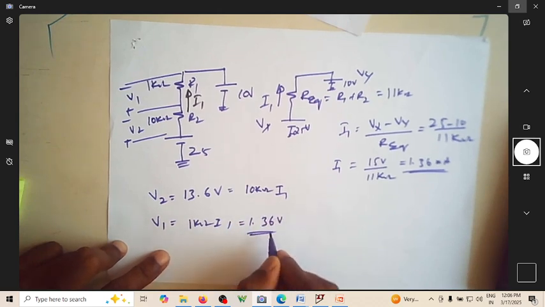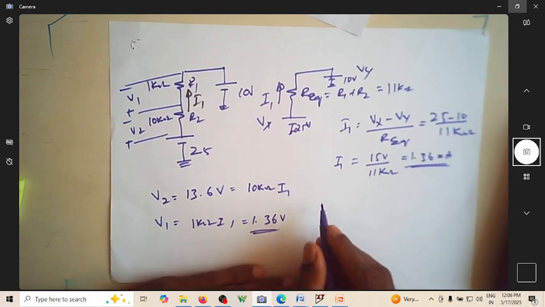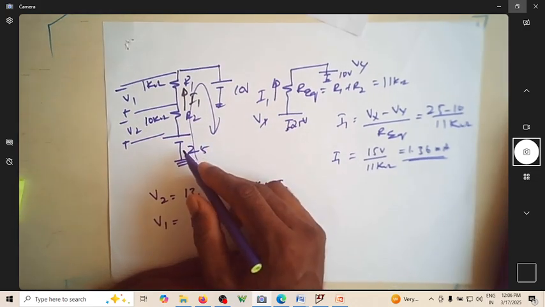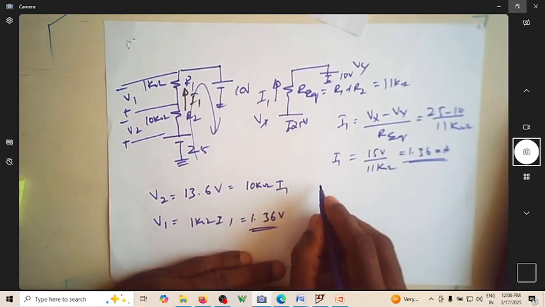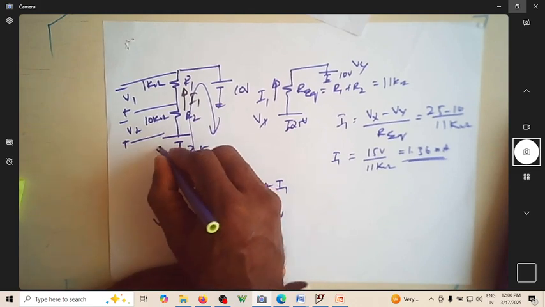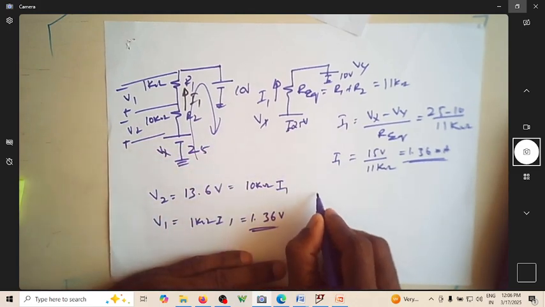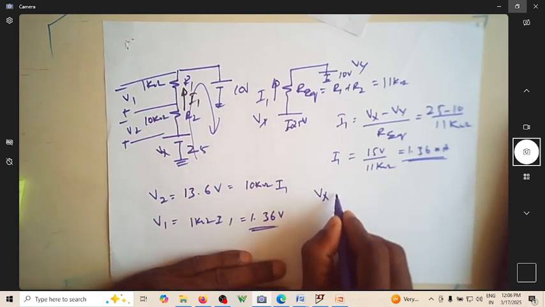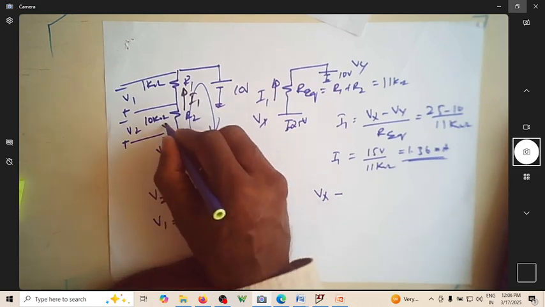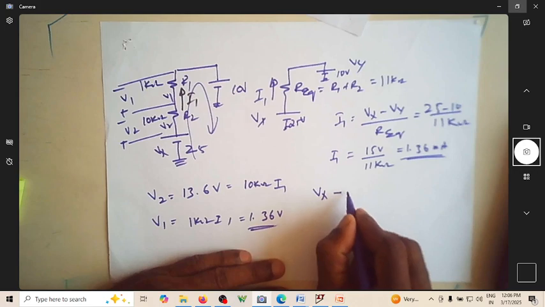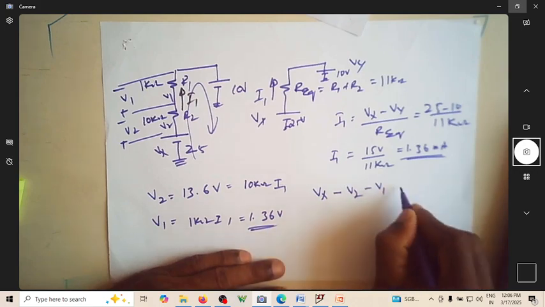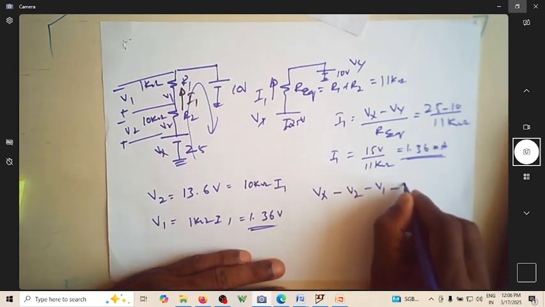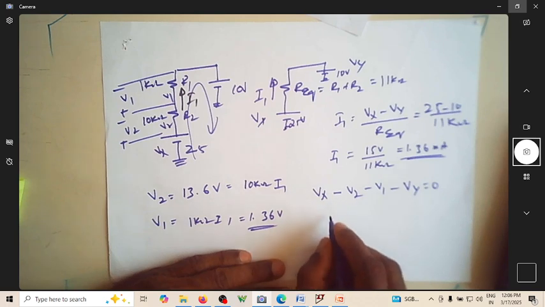Since it is k, it's actually 1.36 volt. As per KVL, if you write the KVL for the entire loop, the voltage rise is positive Vx, and the voltage drops are minus V2, minus V1, minus Vy, equal to 0.